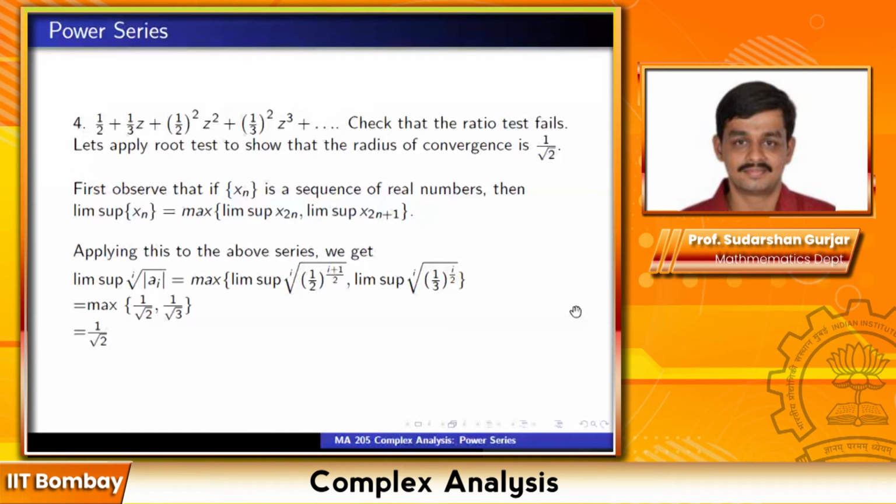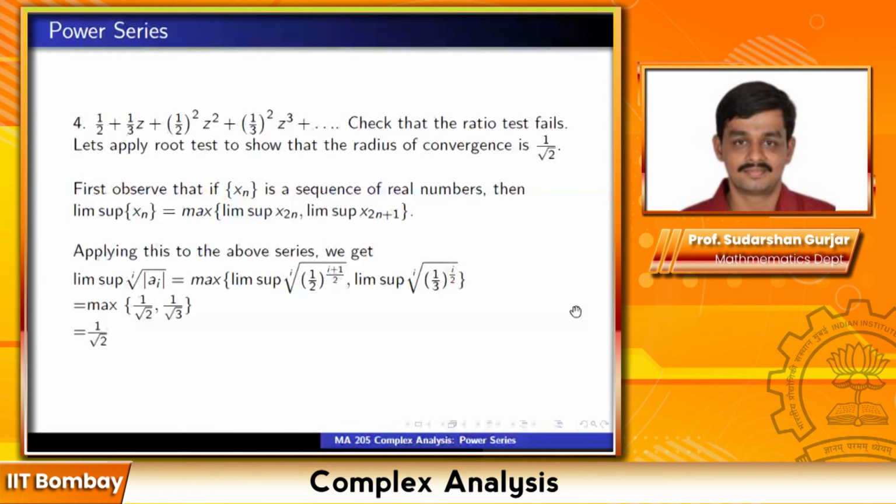You agree with this? Yes, sir. This is simply saying that if I want to take the maximum of all elements in a set, I can break up the set into two parts, take the maximum of both those subsets, and then take the maximum of those two. That is the same as the maximum of the full set.